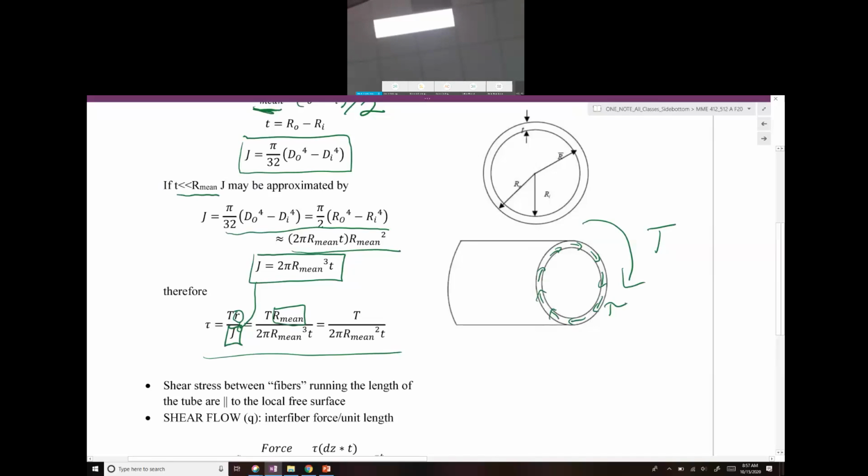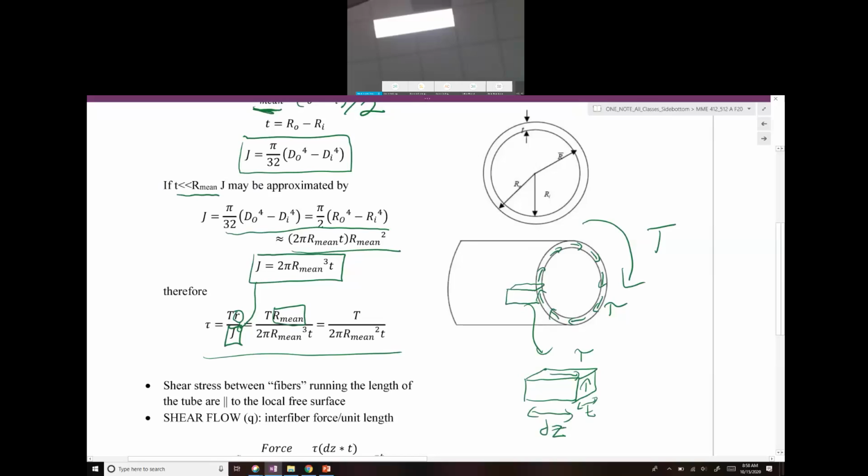So if we look at a small element within that section, it'll have a shear stress, and the element will have a thickness, which we'll define as t, the thickness of our tube, and it'll have a length, which we'll call dz.